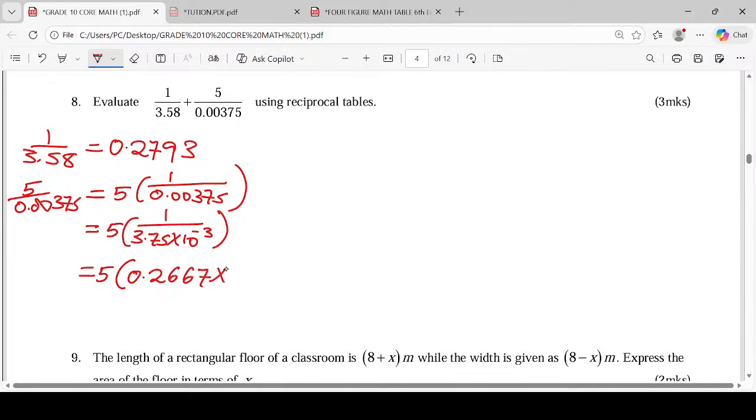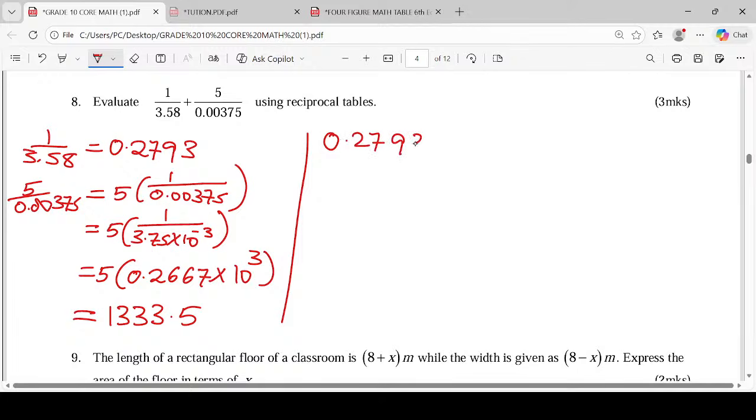0.2667 multiplied by the reciprocal of 10 raised to power negative 3, which is 10 raised to power 3. When you work this out, it is just like saying 0.2667 being multiplied by 10 cubed, then multiplied by 5, you are going to get 1333.5. Look at the sign that was in use, addition sign. So we are now going to have 0.2793 being added to 1333.5.